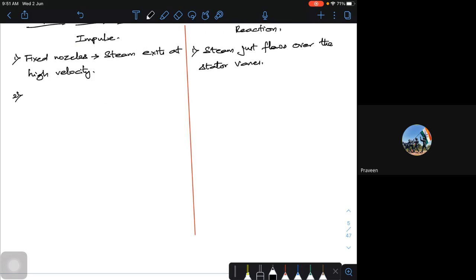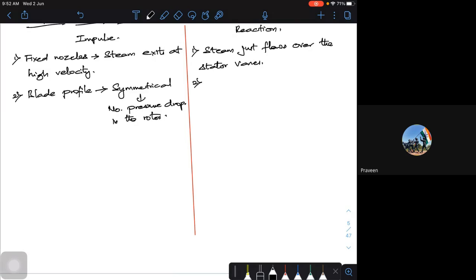The second comparison is the blade profile. Because the steam directly strikes the blade, it should be symmetrical, because it has to strike at the center. One more reason is that there is no pressure drop in the rotor. That's why it has to be symmetrical.